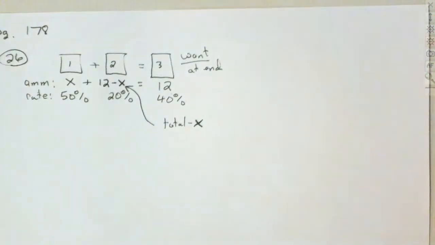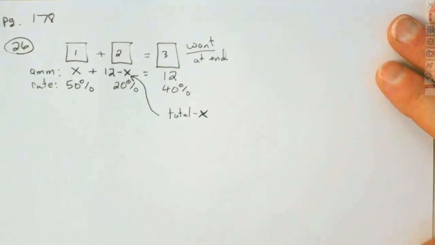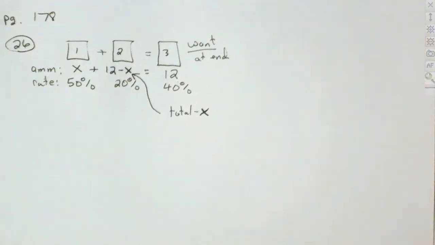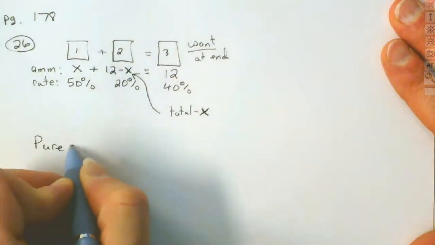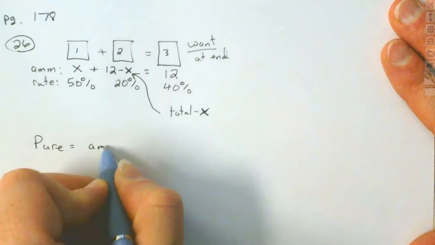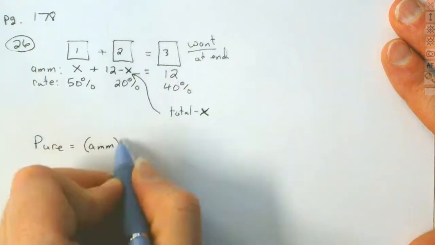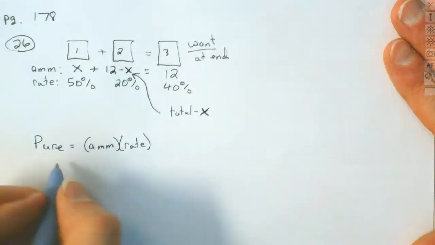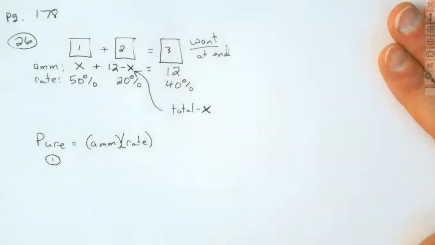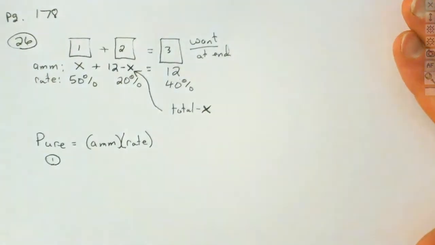Now we need to remember how we solve and work out these mixture questions. Well, we need to work with the pure. And how do we find the pure? The pure is the amount times the percentage rate. And so we're going to do each box. So the first box. Now, percentages have to be converted to a decimal.